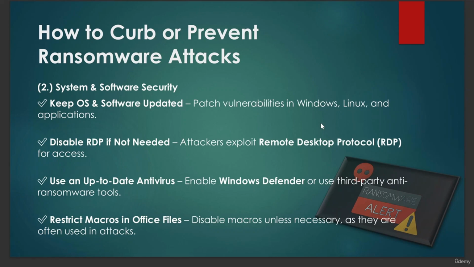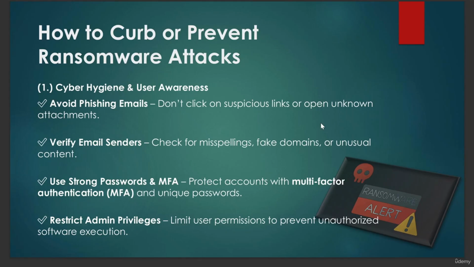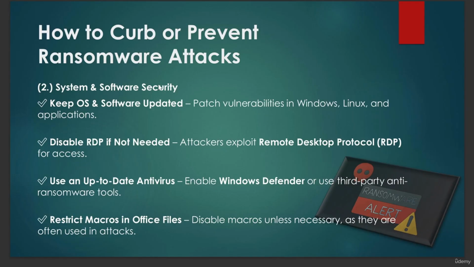So let's move on. Now we have here system and software security. The first one here was maintaining cyber hygiene and user awareness, and we had these four items listed under this. Now the second one here is system and software security. Now keep operating system and software updated. Now some of you don't update your software at all. Now you need to regularly update your software.